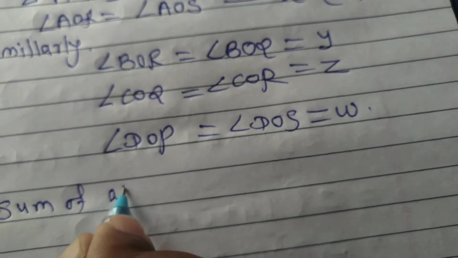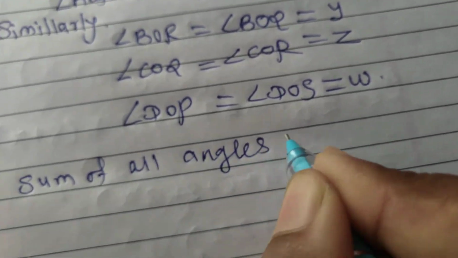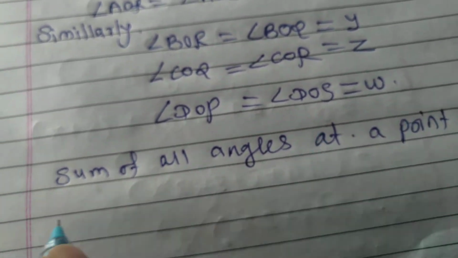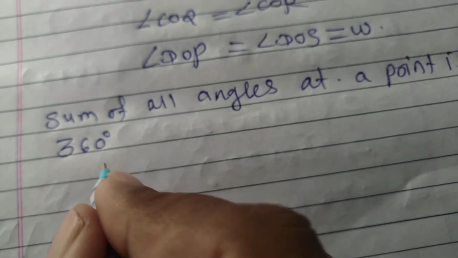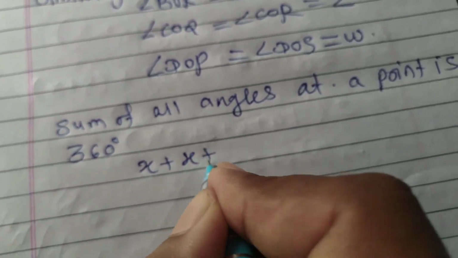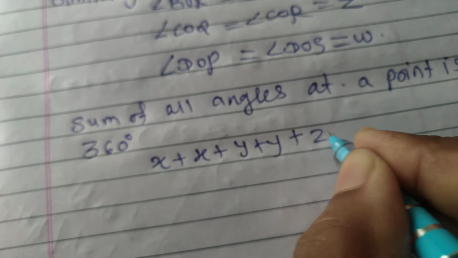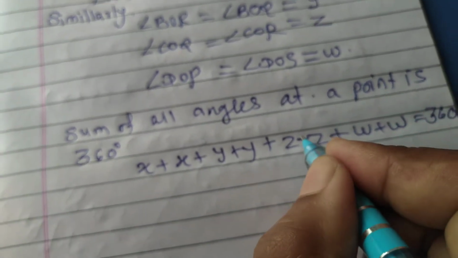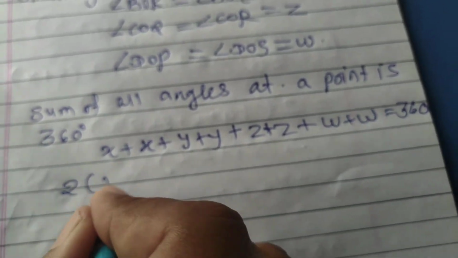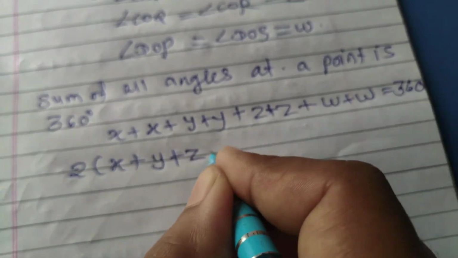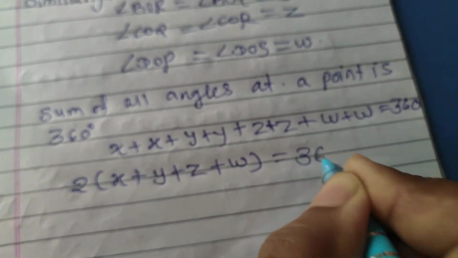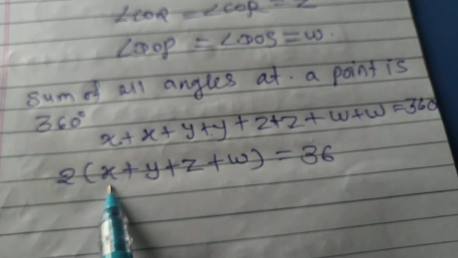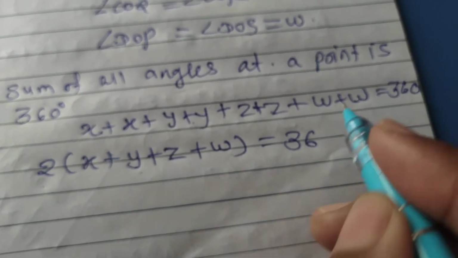Sum of all angles at a point is 360. All the angles are repeated, means 2x, 2y, 2z, 2w. Take 2 as common: 2 into x plus y plus z plus w equals 360.